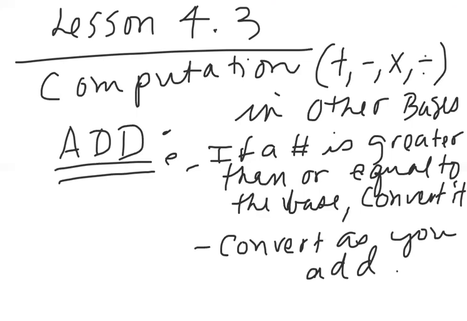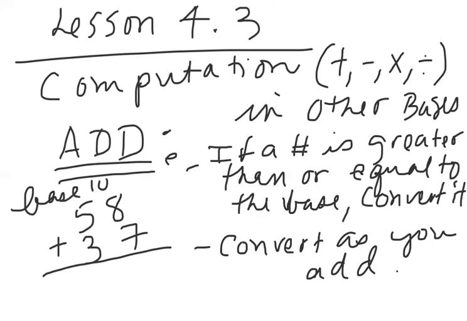Remember, guys, addition back in grade school. So in grade school, you had numbers like these, 58 plus 37. This is what you did in grade school. We're in base 10, guys. This is base 10 right here. So in grade school, this is what you did. 8 plus 7, that's 15. Listen carefully, guys. 15.